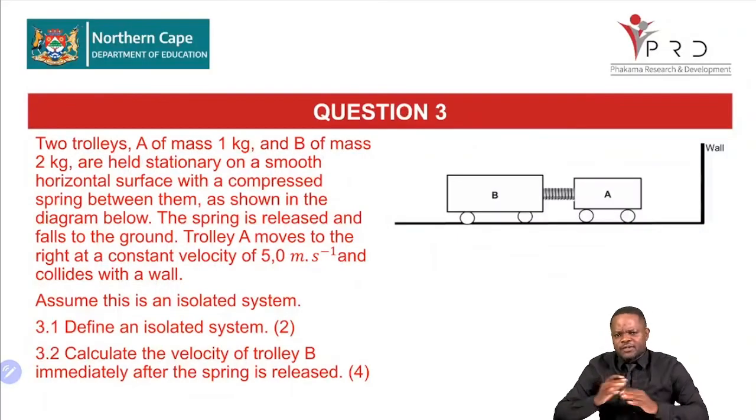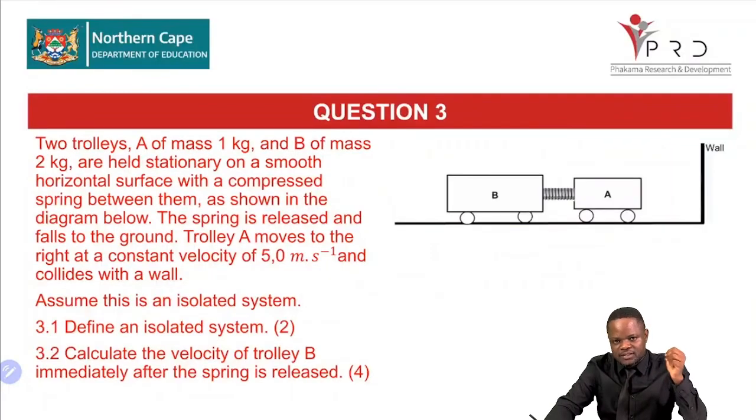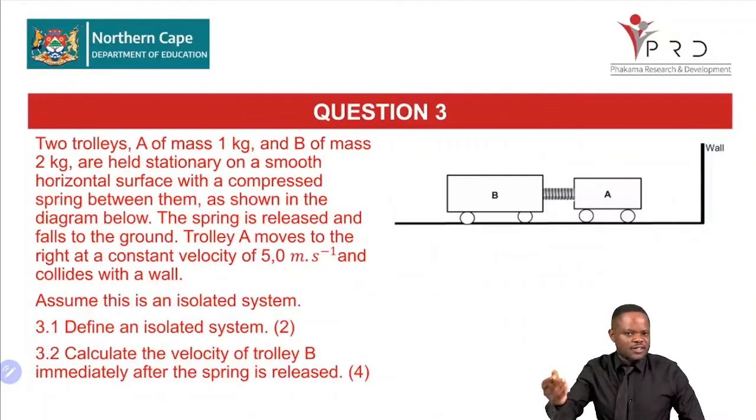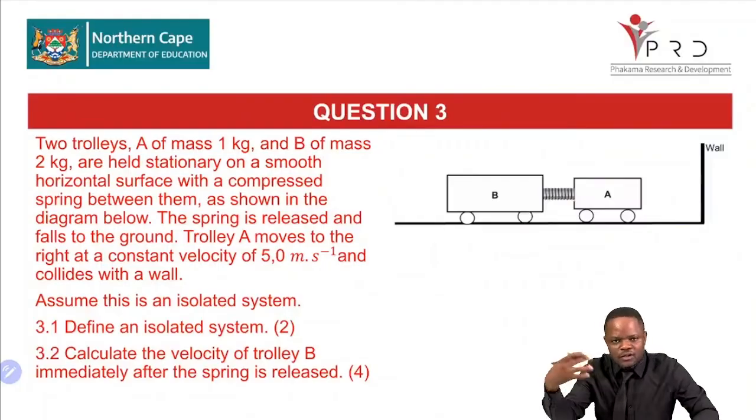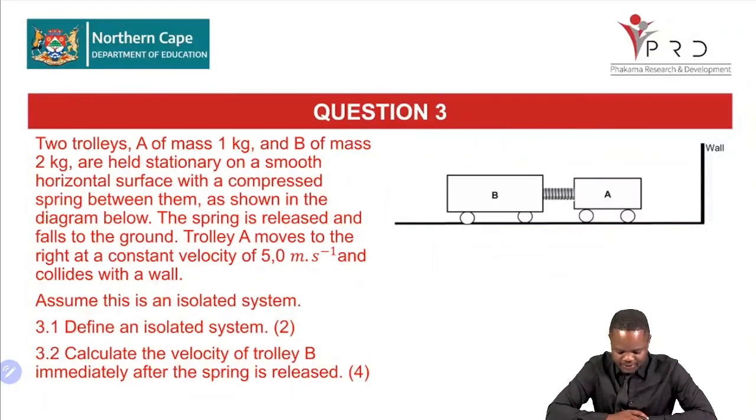In the velocity-time graph, you are expected to take note of the initial velocity, the final velocity, and the time taken for the collision. Is it making sense, grade 12? As long as you're able to interpret the graph and pick the data from it, the rest is application of the law of conservation of linear momentum. Let's look at this question. It looks interesting. Question 3.